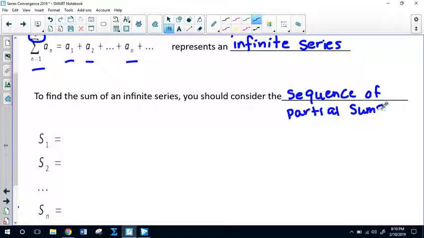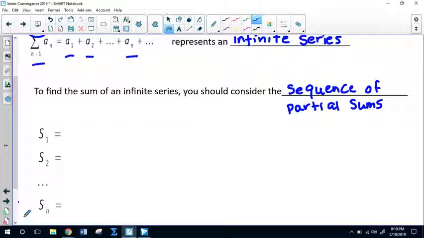When we looked at them last year, we would look at the partial sums, meaning we look at what the first sum looked like, what the second sum looked like, and as many as we needed to figure out if the series actually did what was called converging. If you were to look at the sequence of partial sums, you would start by looking at the first sum, which would just be the first term. Then you would look at the second sum, which would be the first term and the second term.